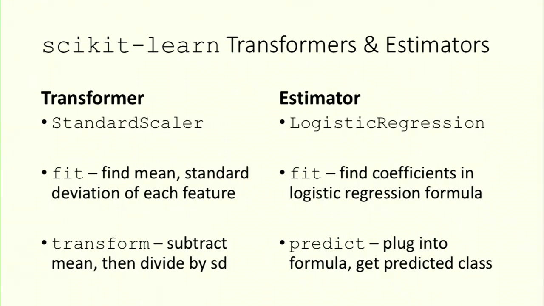So for example, one common transformation you might want to do is the standard scaler. In the fit method, it will find the mean and standard deviation of each column from the training data, and it saves these values. And whenever you call transform, it subtracts that mean and then divides by that standard deviation on the new column.